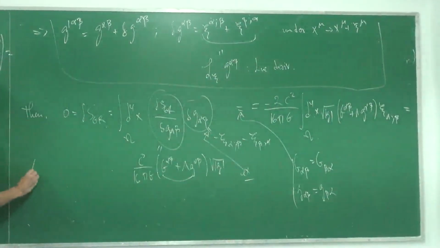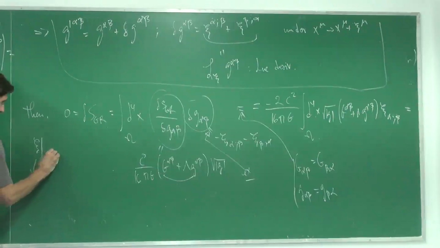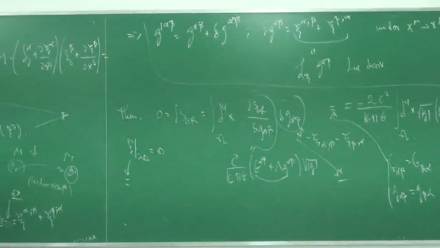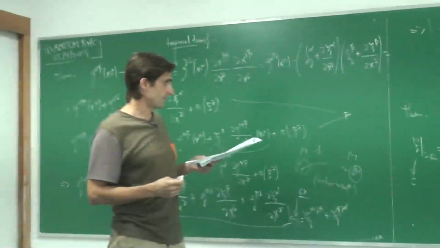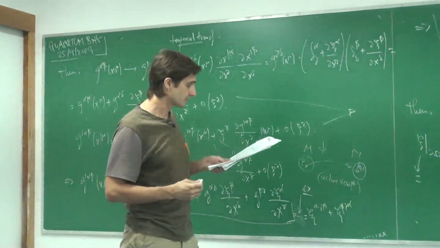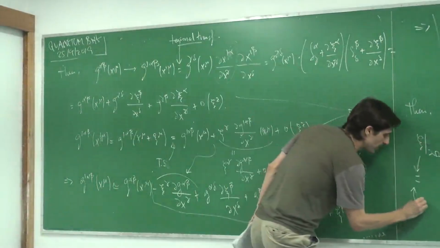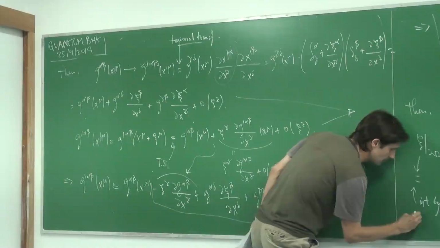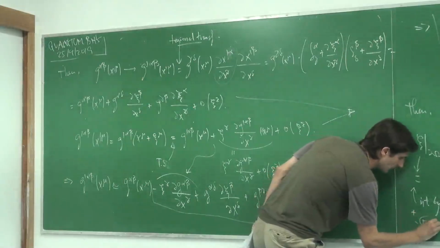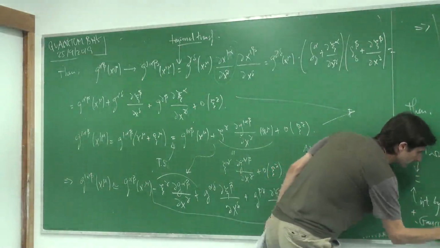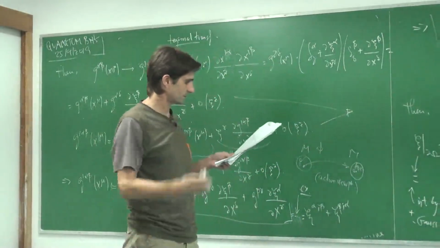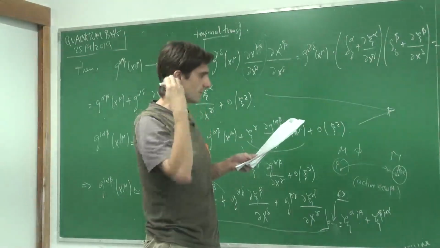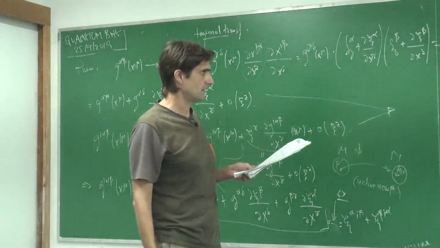And as usual, we ask for xi to be equal to 0 at the boundary. You do integration by parts, and also you apply Gauss law. Let's do it explicitly.